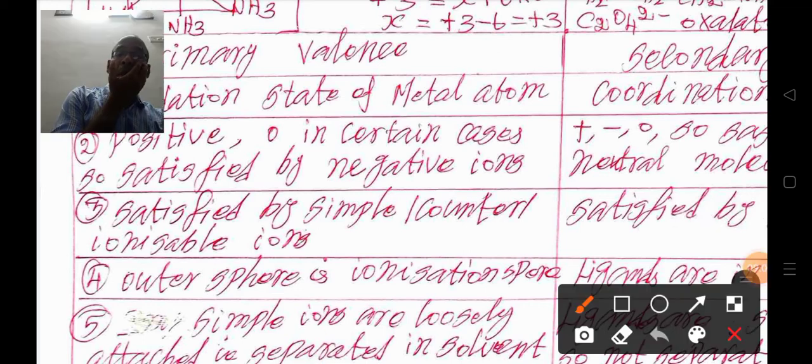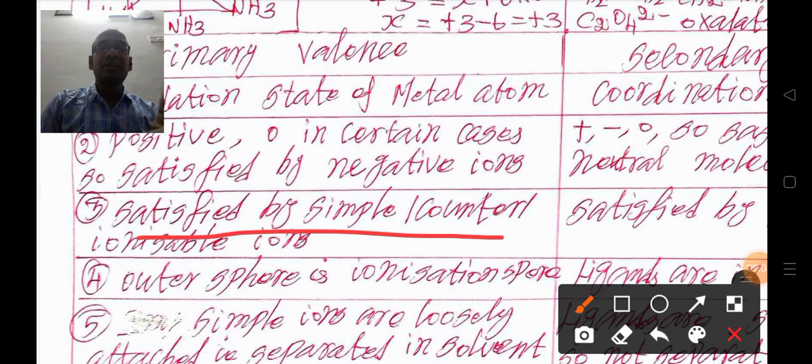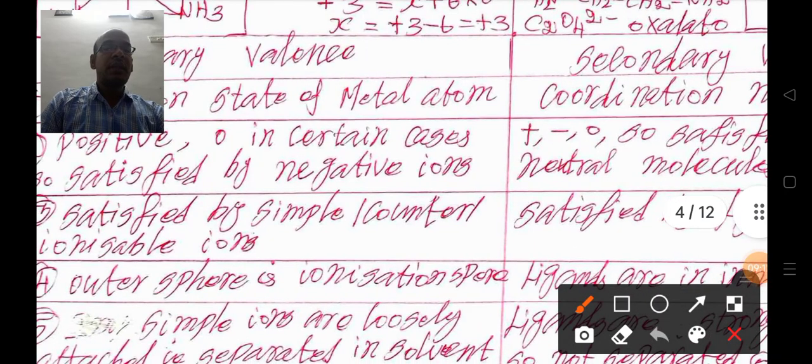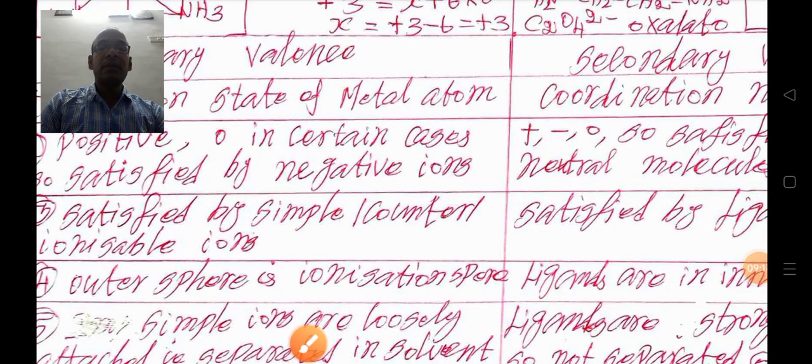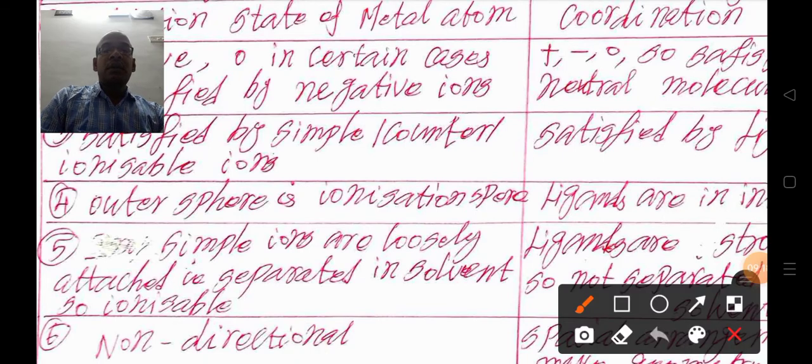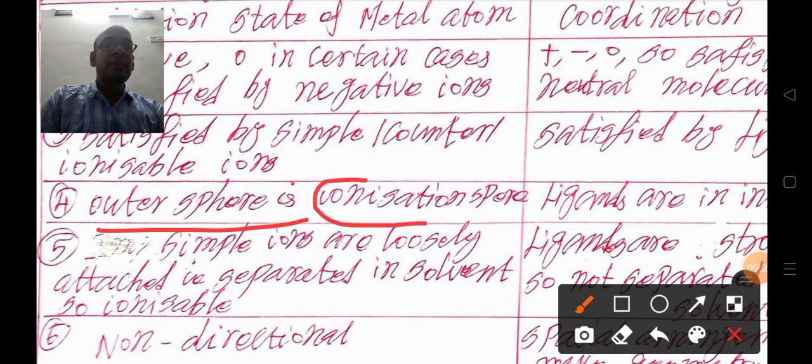The oxidation state is satisfied by the simple ions or ionizable ions. Secondary valency is satisfied by the ligands. Point number 4. Outer sphere is the ionization sphere.